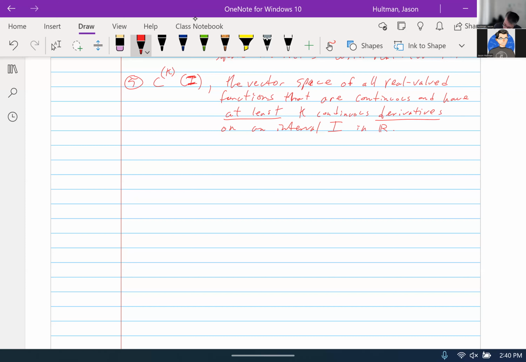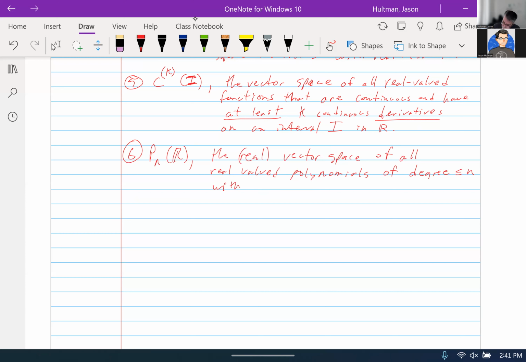Number 6. Pn of R, the real vector space of all real valued polynomials of degree less than or equal to n with real coefficients.